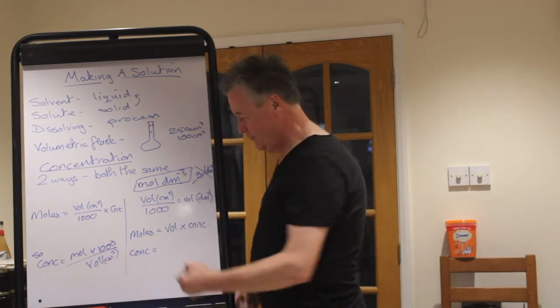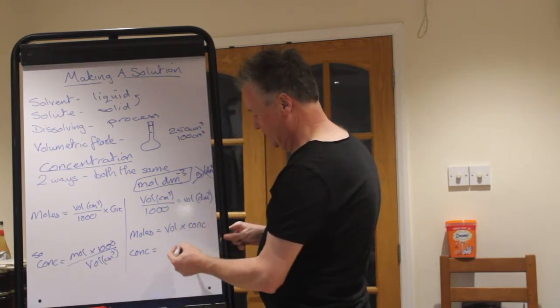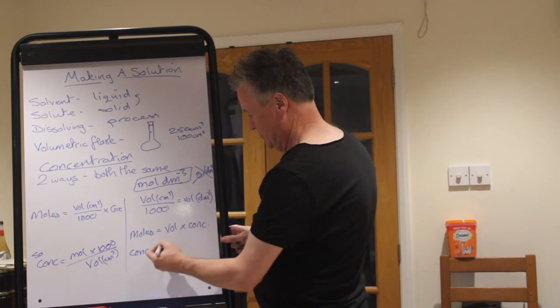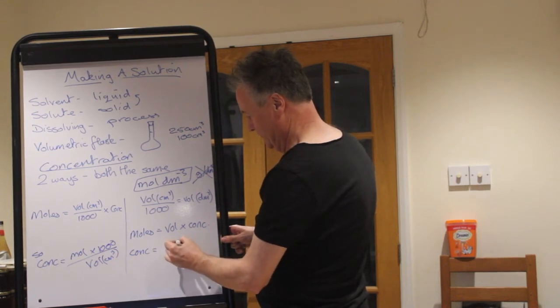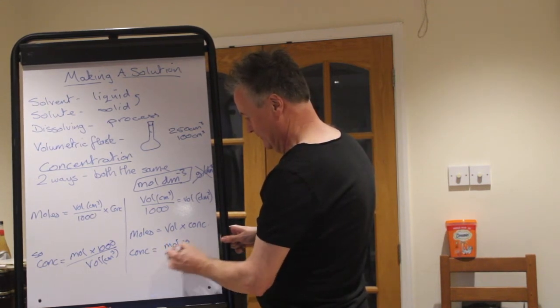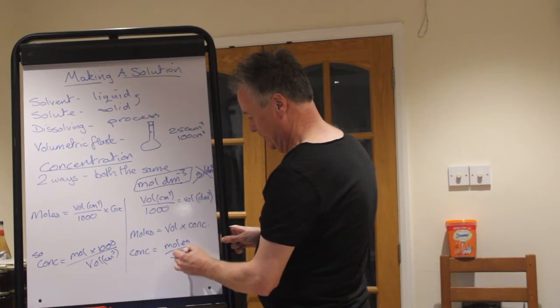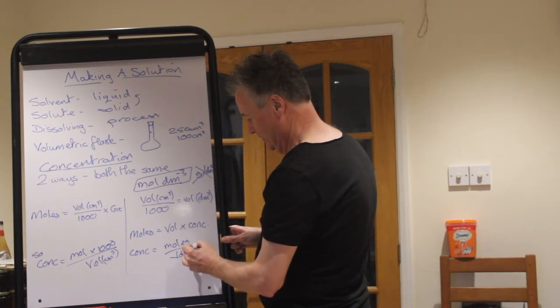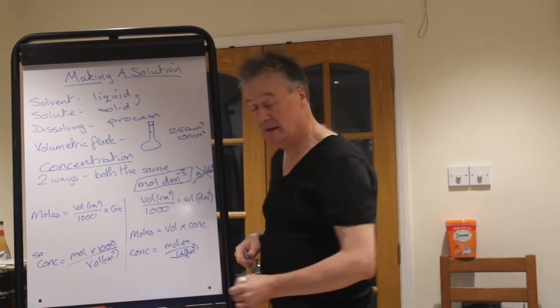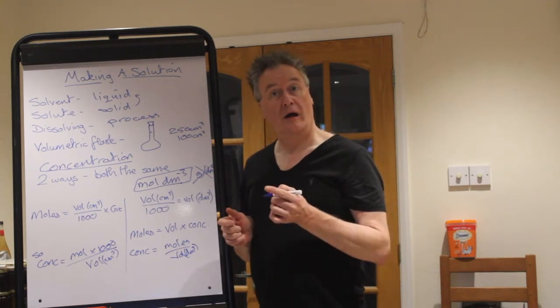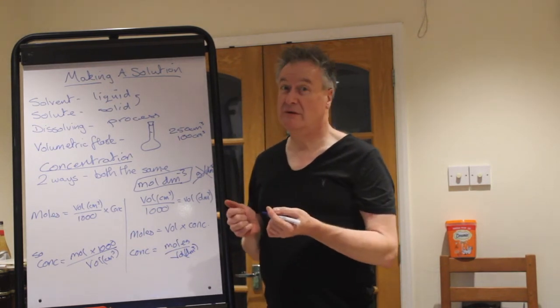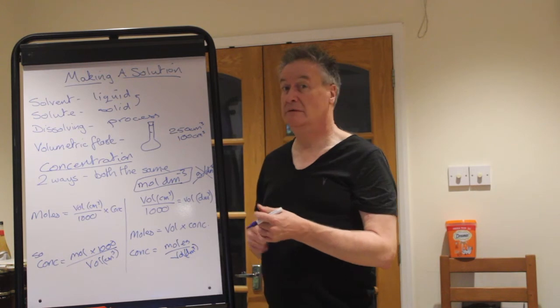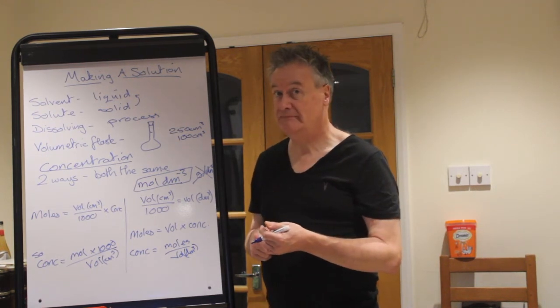Or if you're doing this version and you've already converted it, concentration is moles over volume in dm3. I'm going to do a couple of examples just to make sure you don't get lost on it if you've looked at it and gone, oh, don't really want to do it yet.